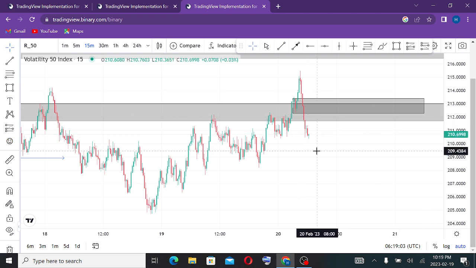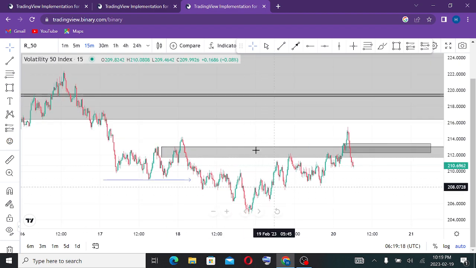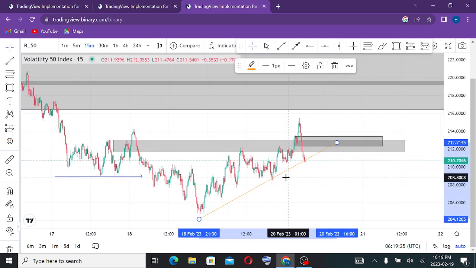Yes, a lot of persons would have made their entry, their sell here, and you can take your sell there if you wish and put your stop loss here, knowing that market will only react within the zone and sell off. Then one other thing you can do, all these are just confluences adding to your confluence.